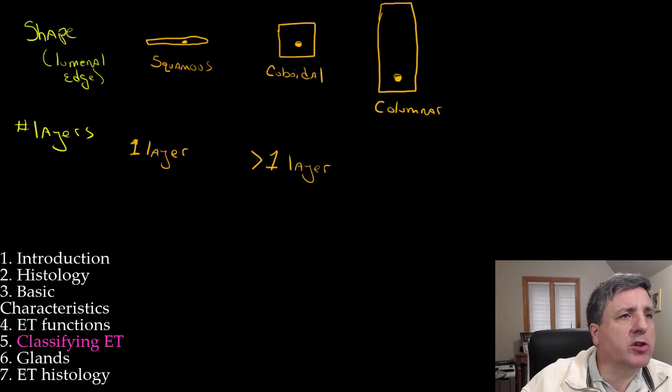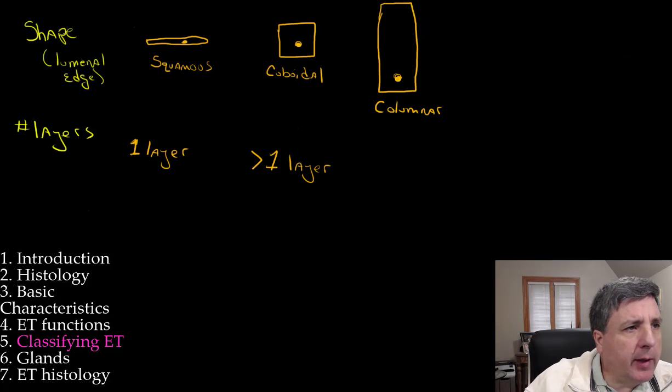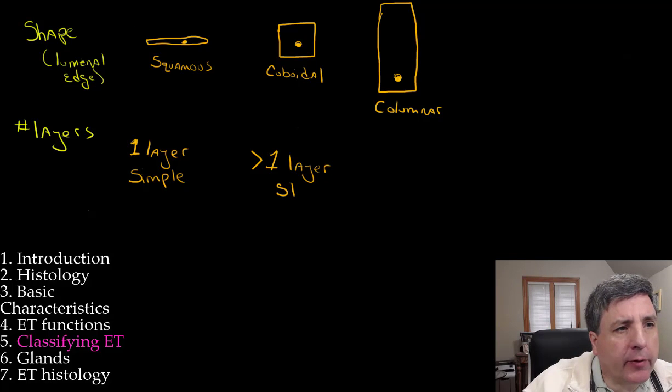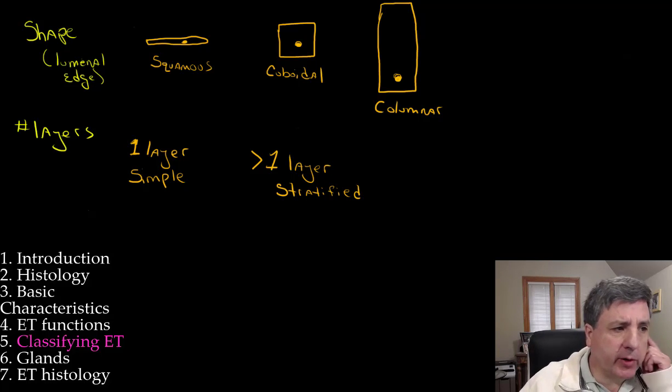Okay, so let's first do squamous. Oh, I should name these first of all. So a single layer is known as simple, and more than one layer is stratified. Stratified, okay? So let's see what these look like.